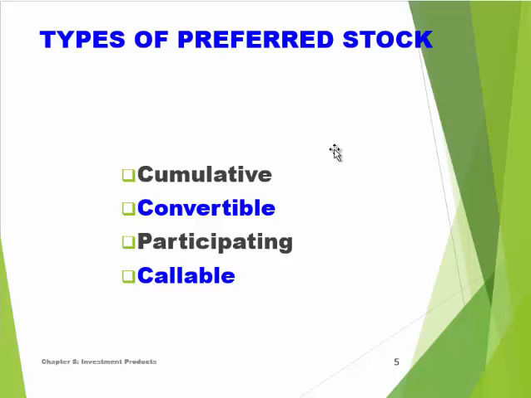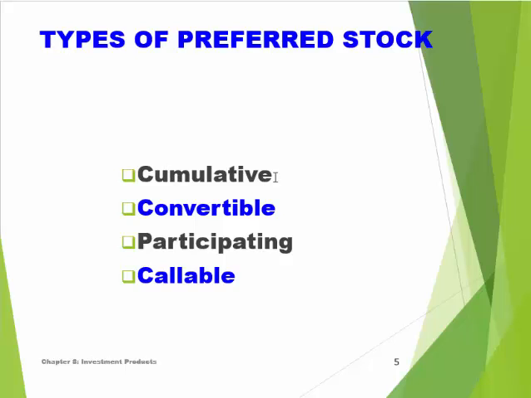I don't like to talk a lot about preferred stock. Preferred stock isn't actually issued all that often. Most financial analysts consider preferred stock a debt instrument, so they incorporate it in their analysis of long-term debt. But we have a variety of stocks. We have convertible preferred stock, callable preferred stock.